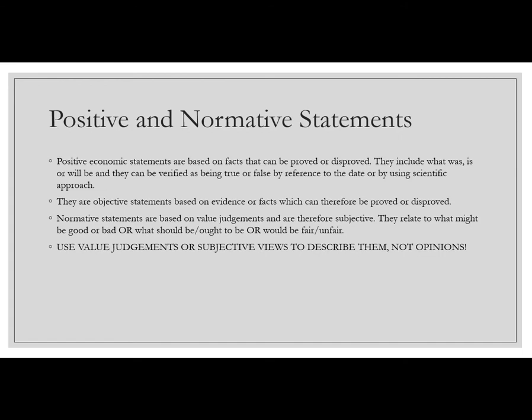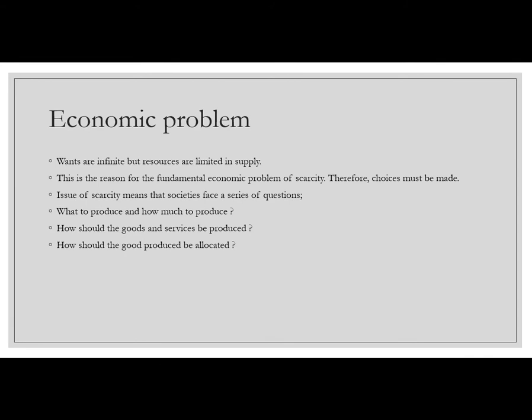A normative statement is basically an opinion, but you do not use the word opinions when you have to define them in your exams. You'd use the words value judgments or subjective views. Whereas positive economic statements are based on facts and can be proved or disproved. So that's the main part on positive and normative economic statements.